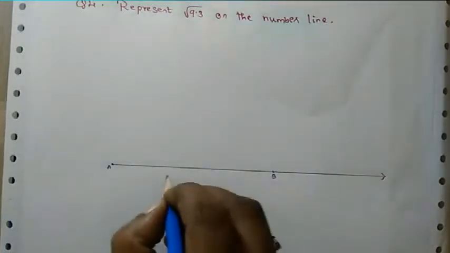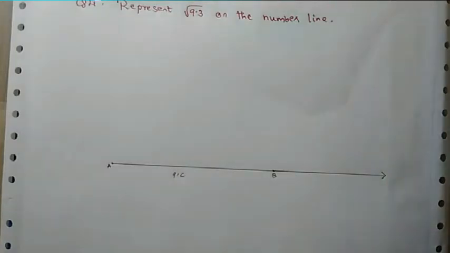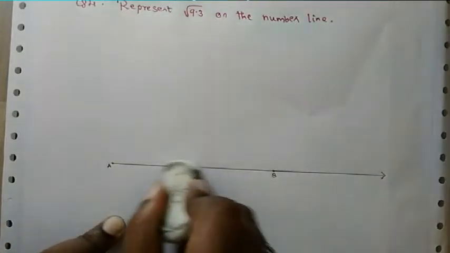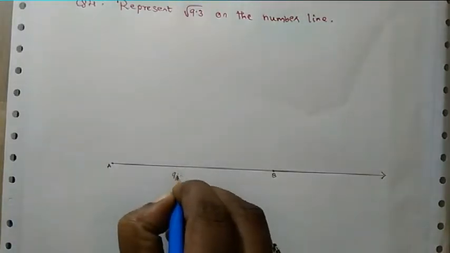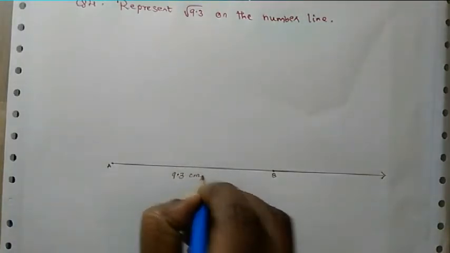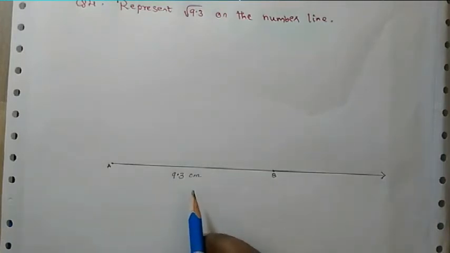Now, after taking, I took in centimeters, I am writing 9.3 centimeter. So, AB is 9.3 centimeter.